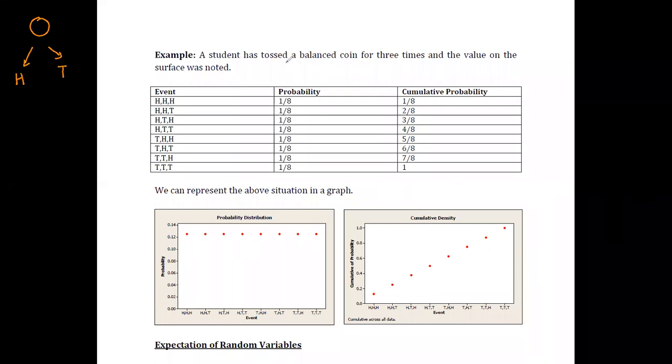The student tossed a balanced coin 3 times, so we have 3 instances. For the first, you may get either head or tail. For the second also, and for the third as well, you may get head or tail.